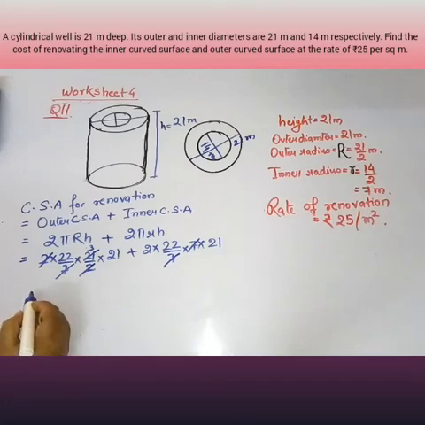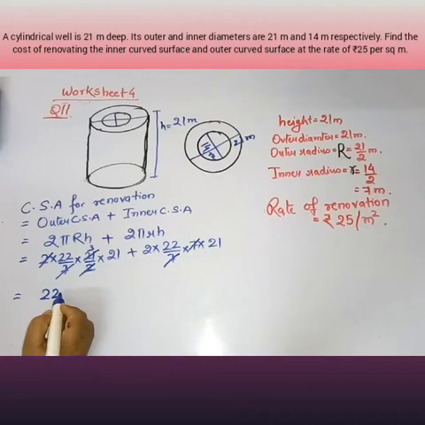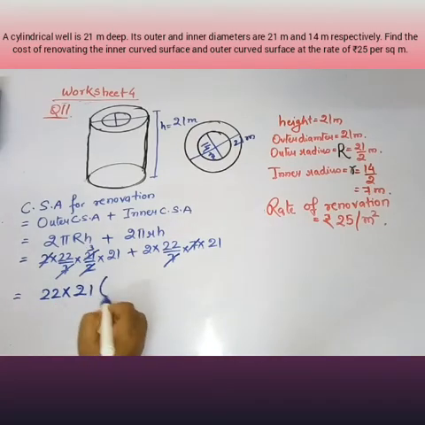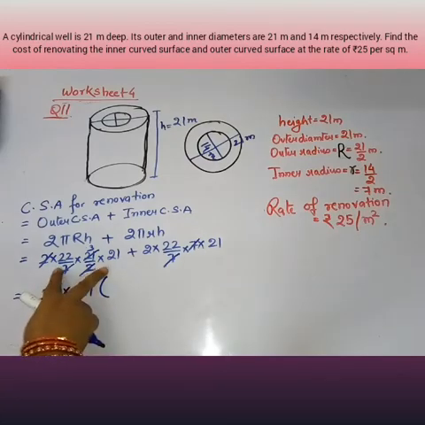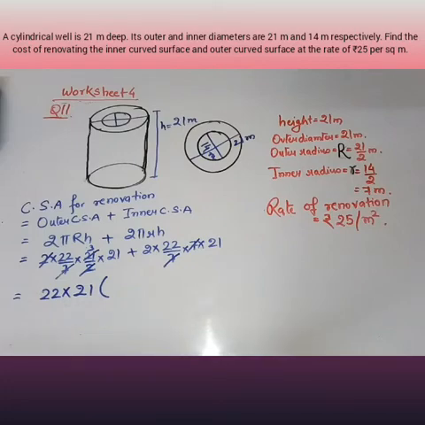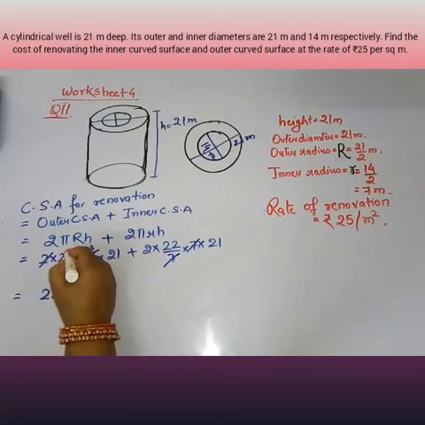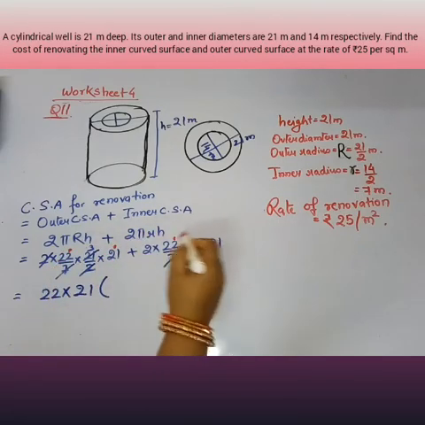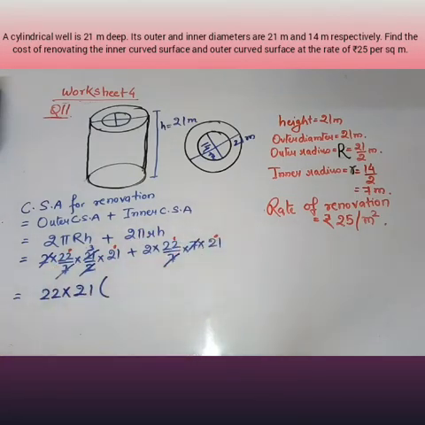We are left with 22 into 21. I am going to take out common. You can multiply here and multiply this side also and add it. What I am going to do, I am going to take out the common so that my calculation becomes a little bit easier. I am going to take out this 22 and 21 from these two terms. So the left is 3 plus 2.